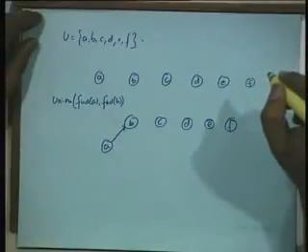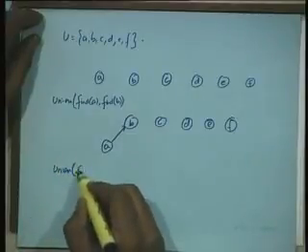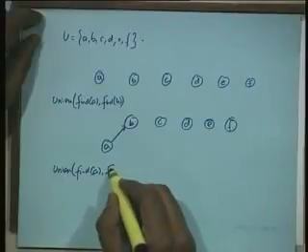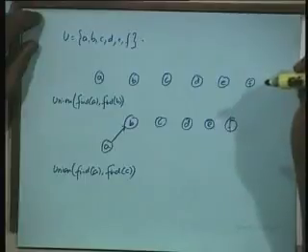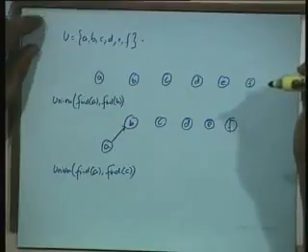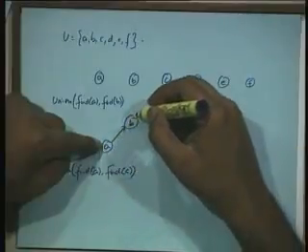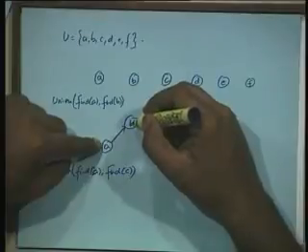Now suppose you were to say the same thing, union find A, comma find C. So when I say find A, I'll start from A and keep going up till I hit the root. So this is now the root. How do I know it is the root?